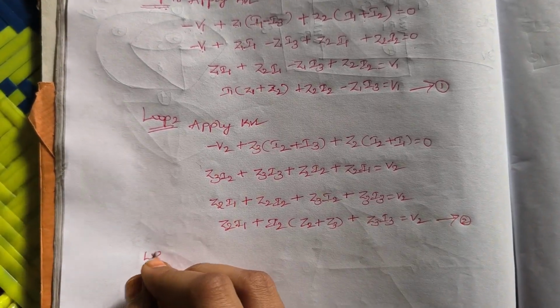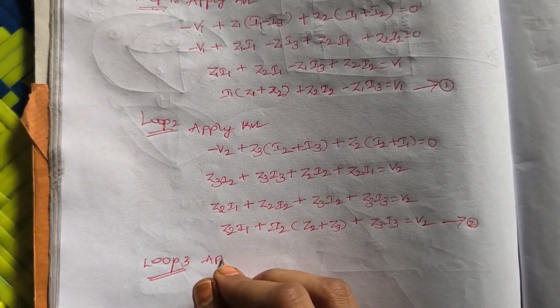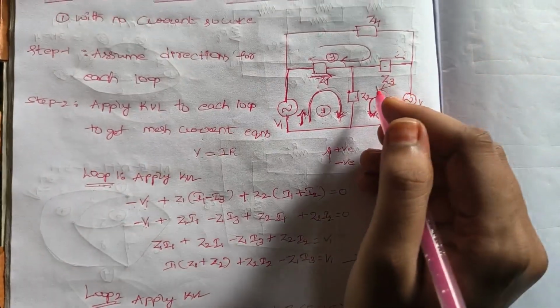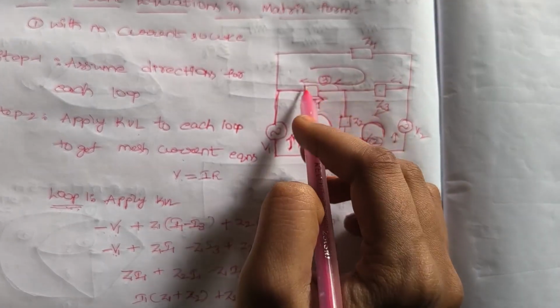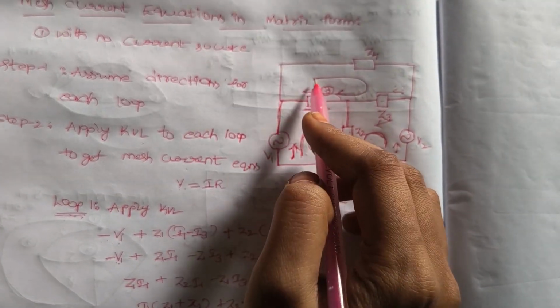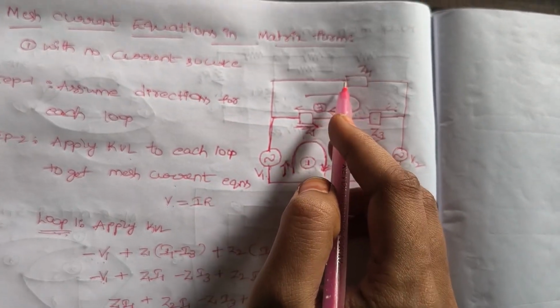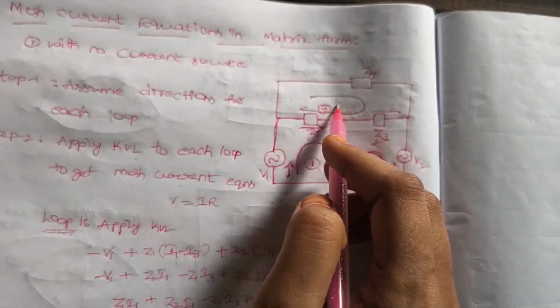And next we have to write loop 3. For this loop 3 we have to apply KVL. When we apply KVL, this is the circuit, so we have to start from this end. From this end when we start, the Z4 element is here. The Z4 element is individual; it is present only in loop 3.